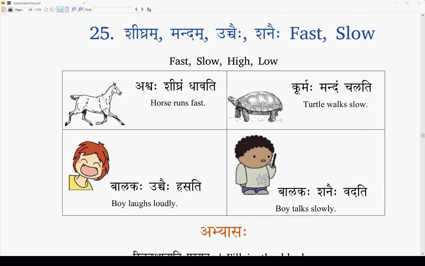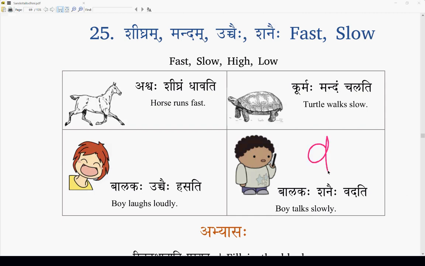Vahanam shighram gacchati or shighram chalati. Vahanam shighram chalati. Now shighram generally means quickly, it may be run fast also, but generally quickly. But we do not want to imply quick there. We want to say fast.